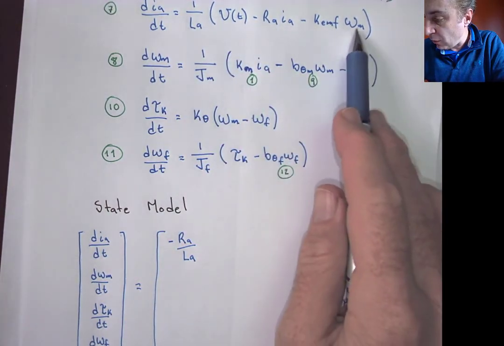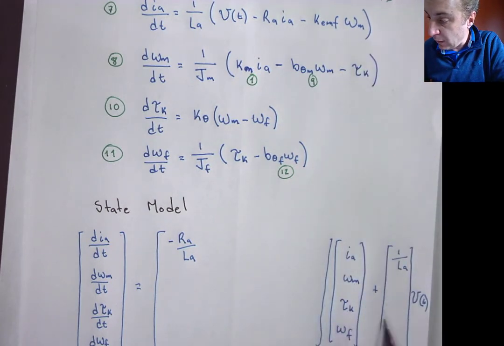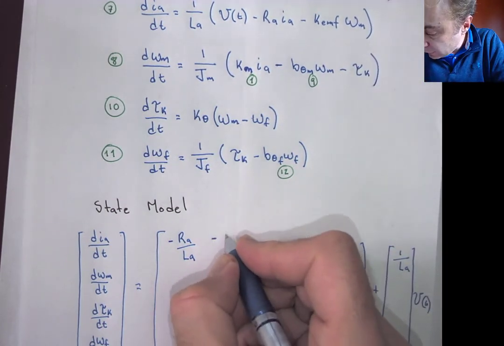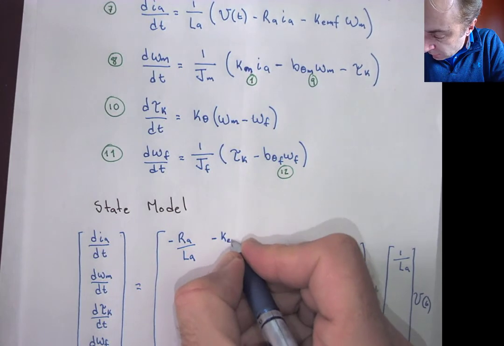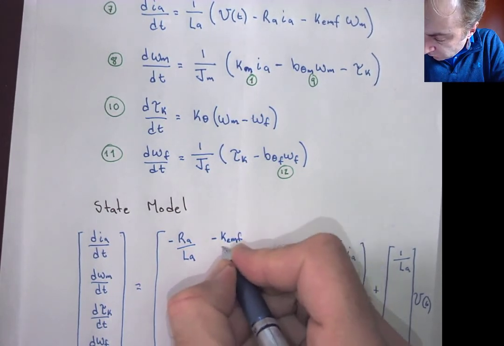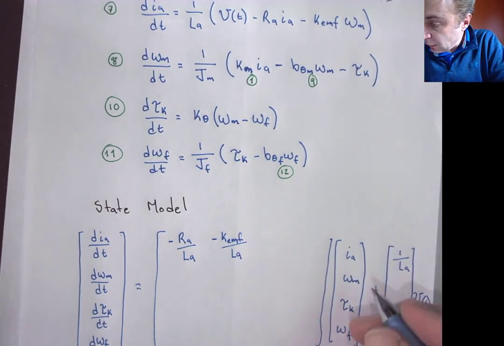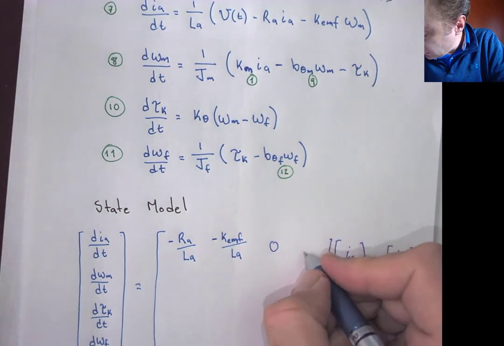And then we have ω_m, which is the second one. So this is going to be minus K_EMF over L_A. And then we have 0 and 0.